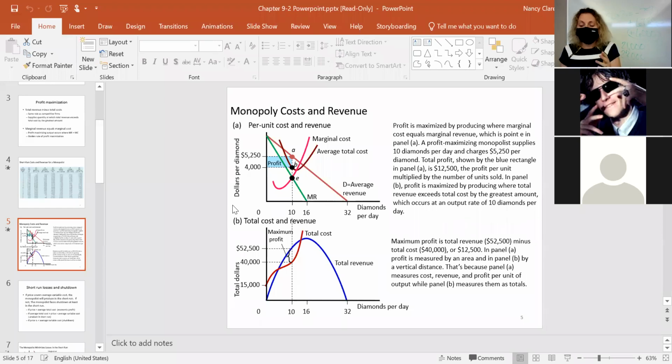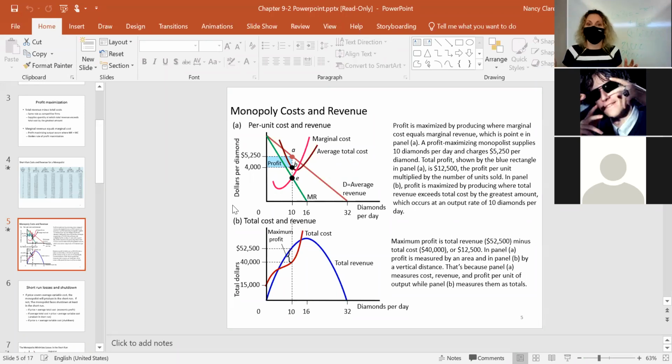I could erase all the pieces of those curves that lie to either side of that because they're totally irrelevant once you find MR equals MC and that quantity, because you don't care about any other quantities, okay? So I could just leave those little teeny points on those curves and erase the rest of it.